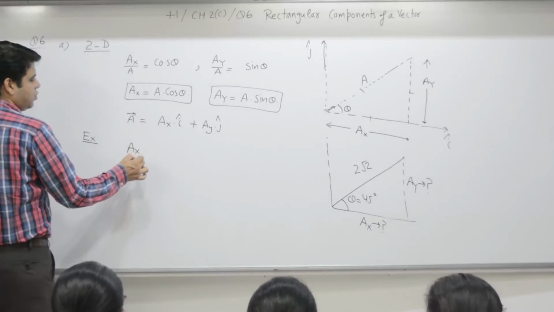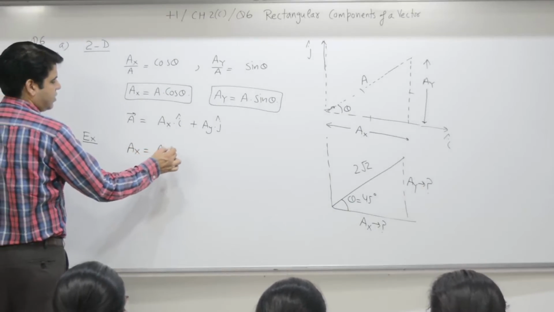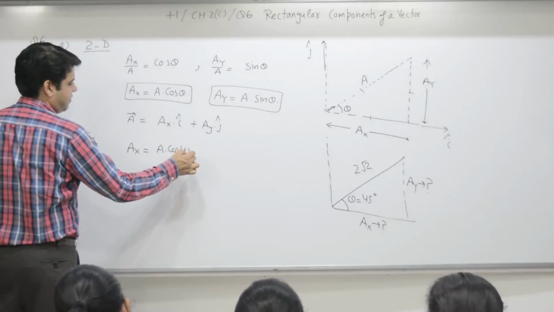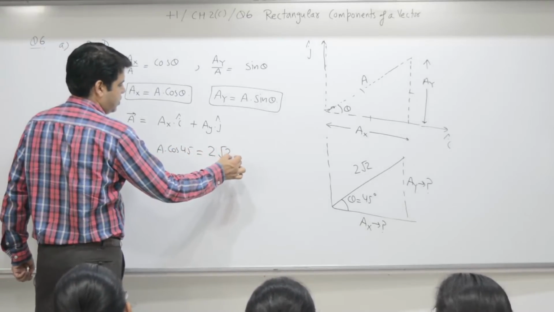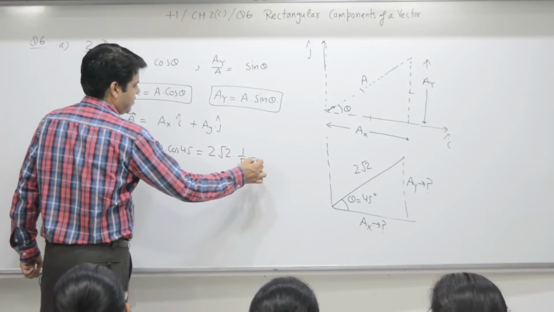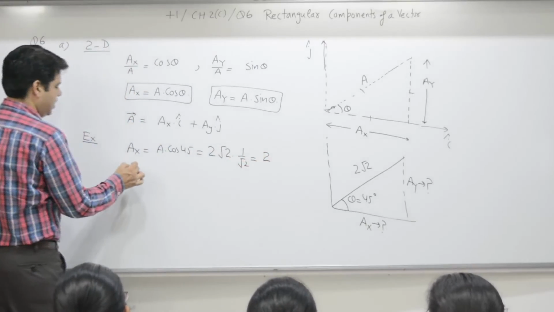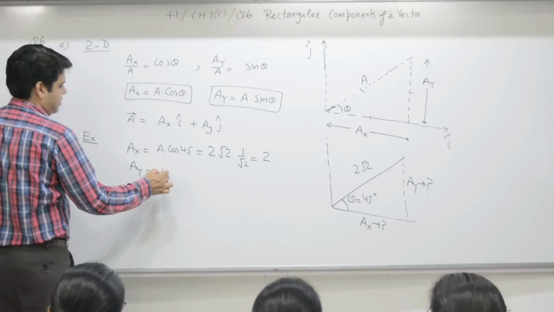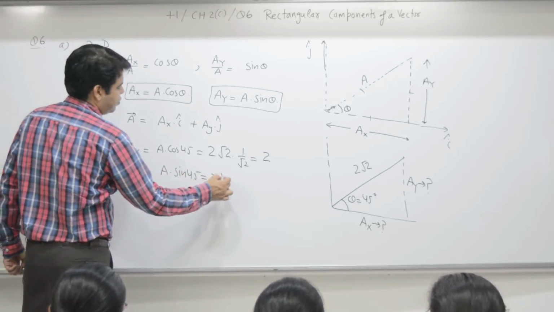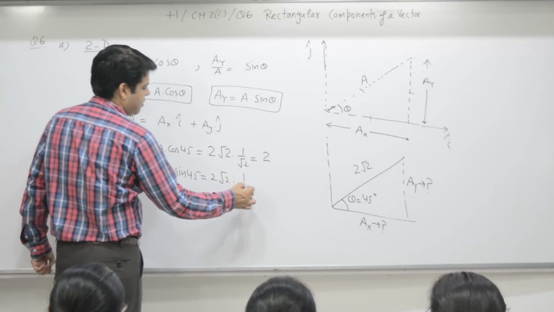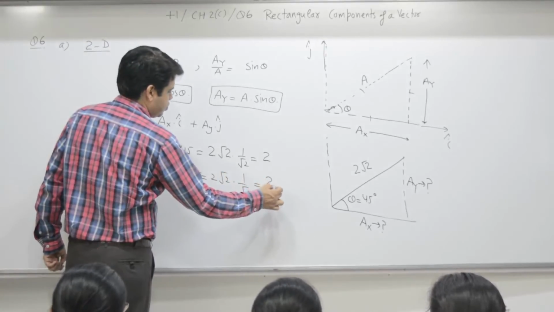Yes, how you find Ax? Ax is equal to A cos 45. A is how much? 2 root 2 into cos 45. So what you get is 2. Ay is equal to A sine 45 is equal to 2 root 2, sine 45 is also 2.